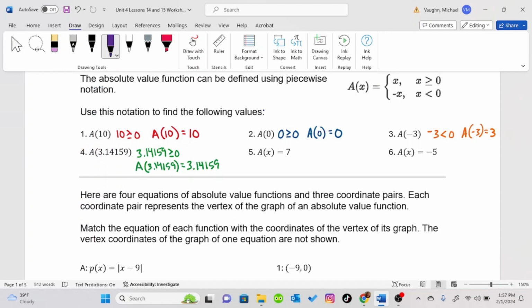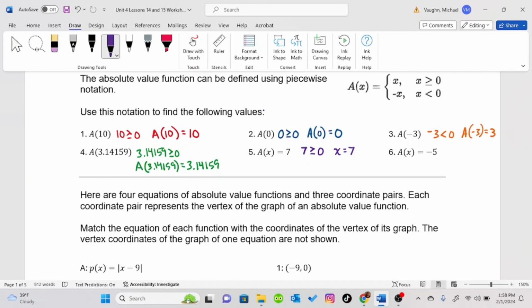Number 5, this time they don't give us x, they give us what the function equals, and it equals 7. Well, if this followed the top rule, then 7 would be x, and 7 is greater than or equal to 0. So, because 7 is greater than or equal to 0, x could equal 7.